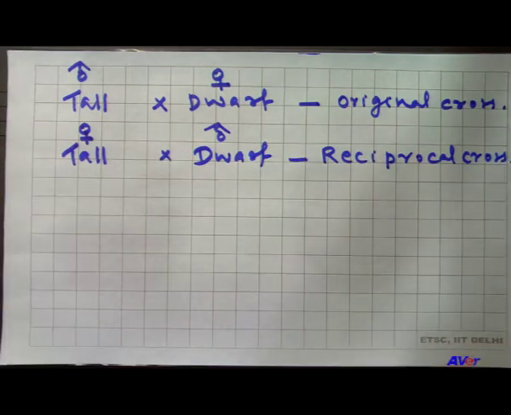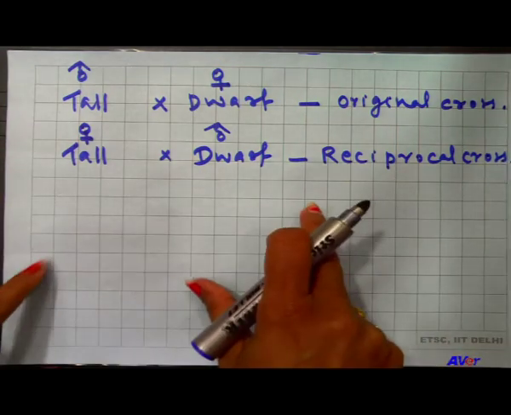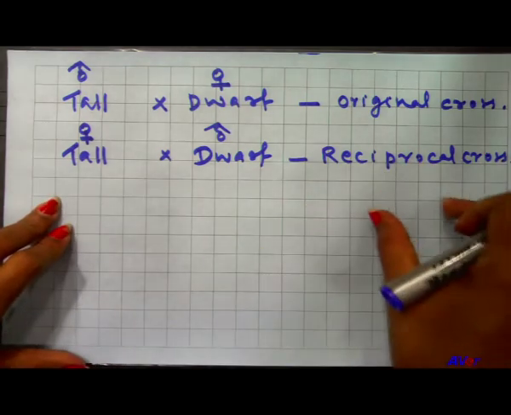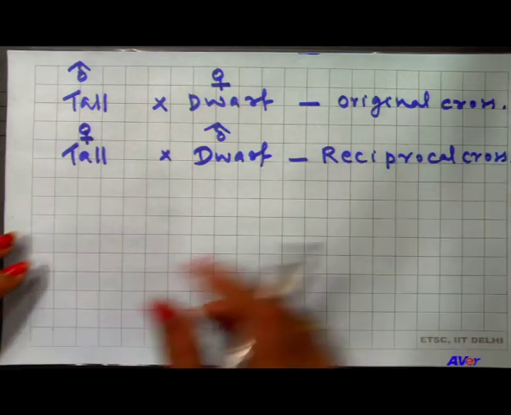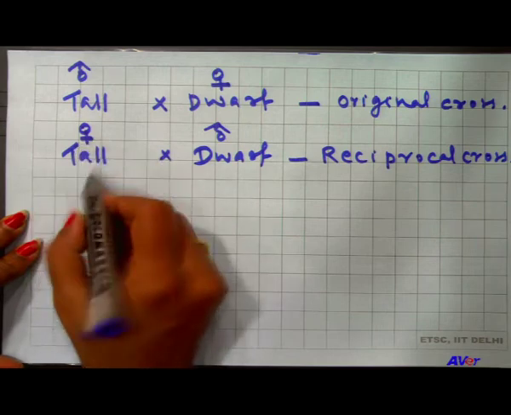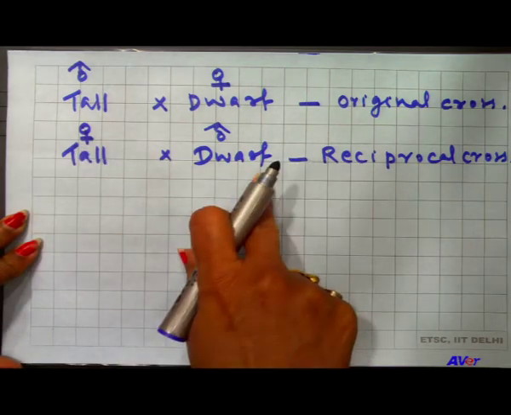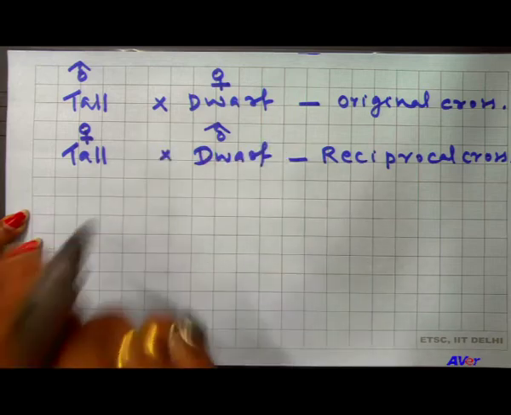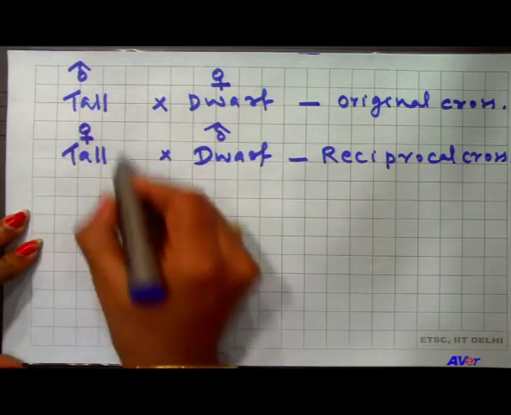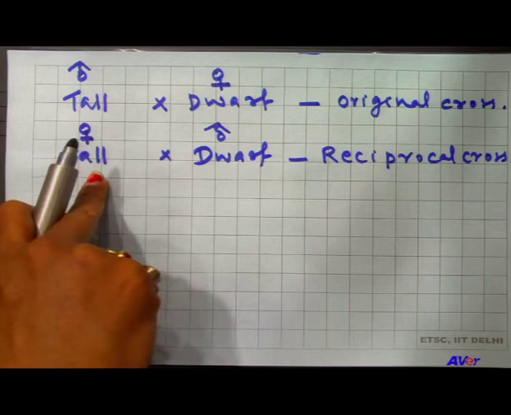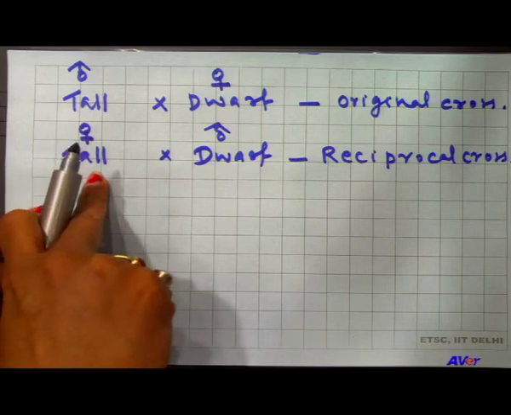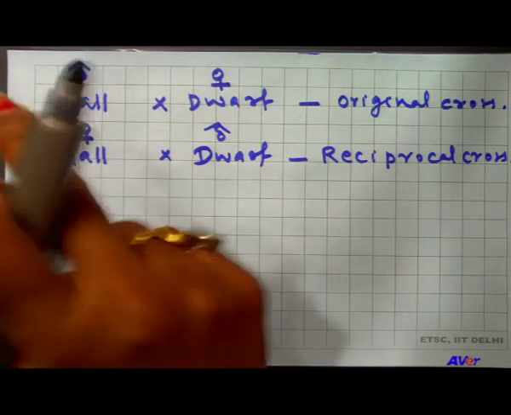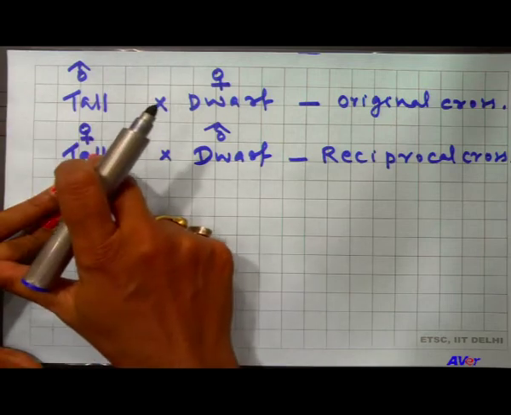Now what will happen if we do it like this? Will the result be the same? Here the tall plant is female and the dwarf plant is taken as male. So here comes emasculation: the tall plant's flowers are emasculated to convert them into female flowers.